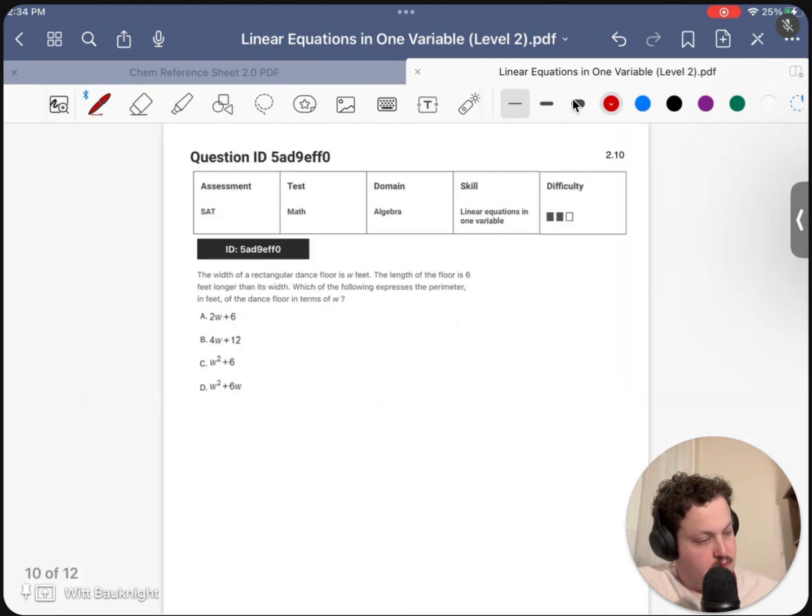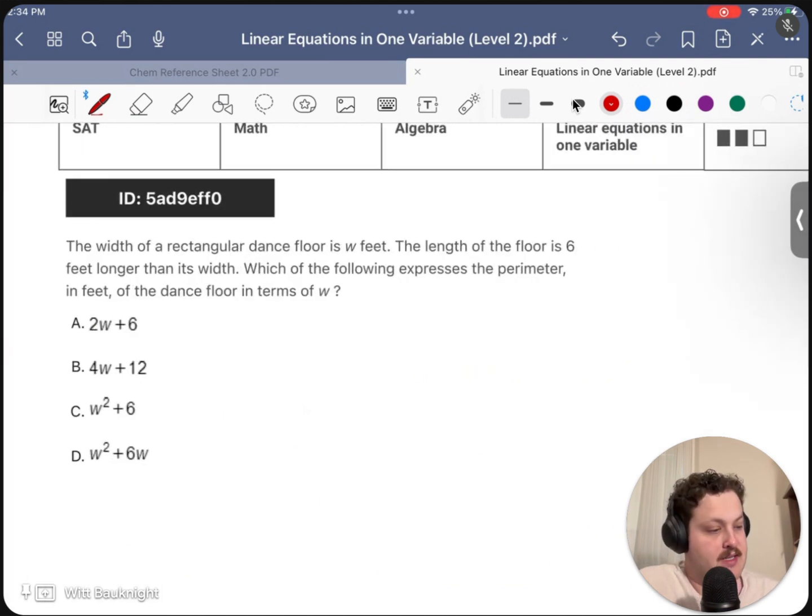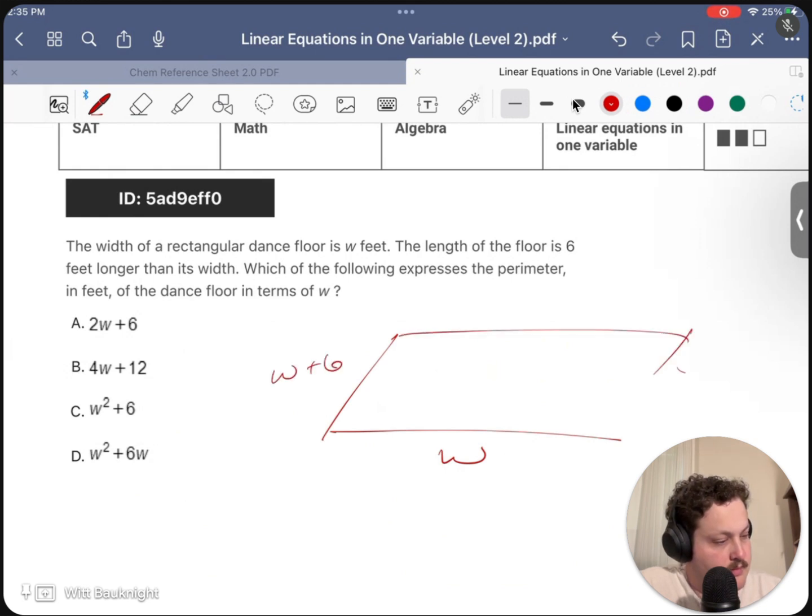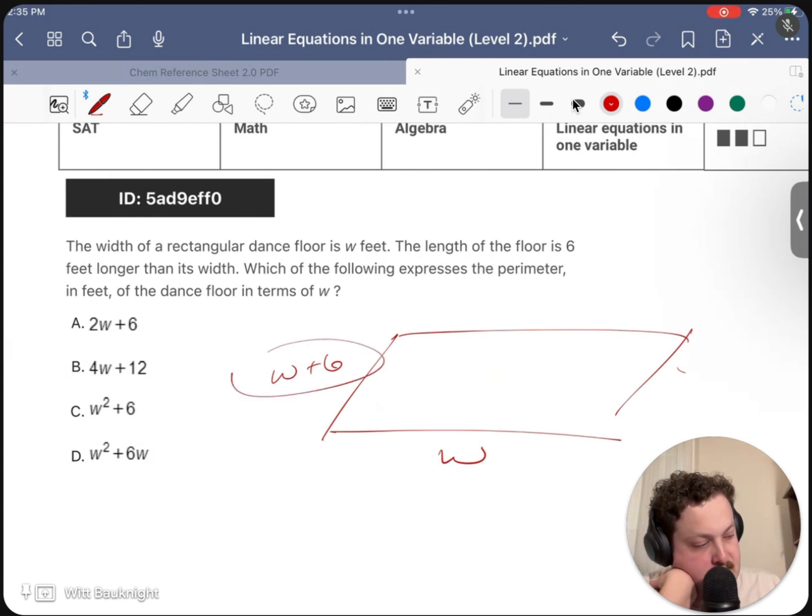Cool. Three more. The width of a rectangular dance floor is W feet. The length of the floor is 6 feet longer than W. Which of the following expressions expresses the perimeter in feet of the dance floor in terms of W? Perimeter will be this plus this, this plus this.